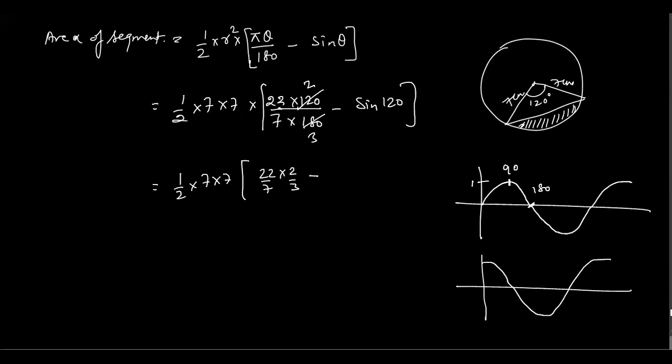At 0 it has the value positive 1, at 90 degrees it is 0, and here at 180 degrees it has the value minus 1. So solve this one up to here. Let me help you to explain this one more. Please solve this one up to here.